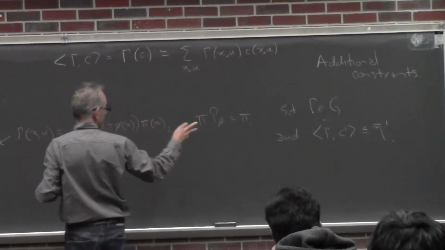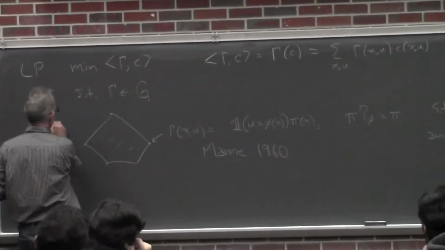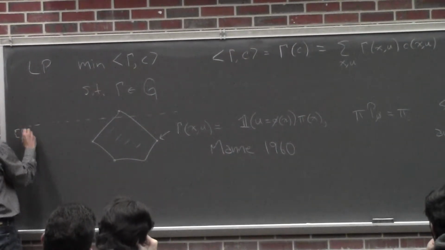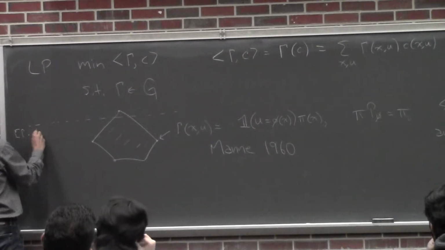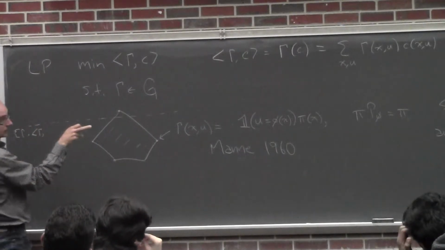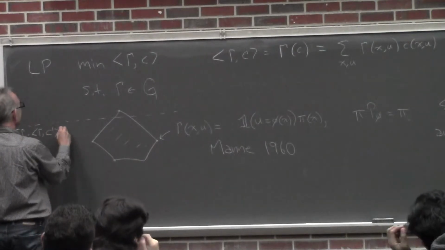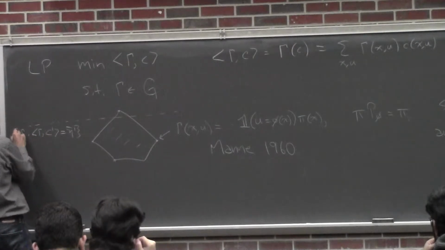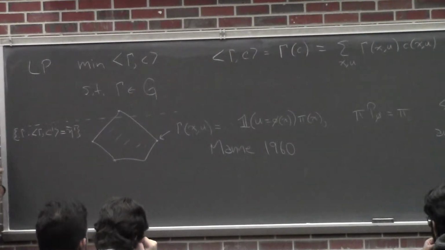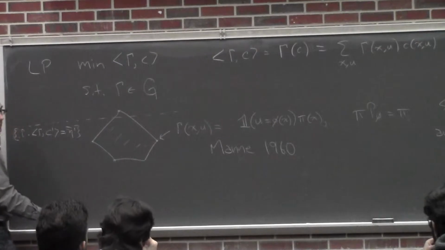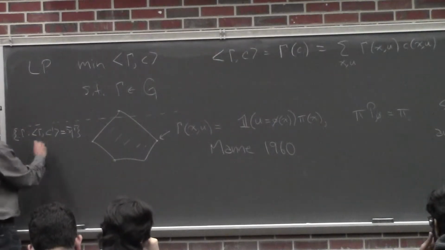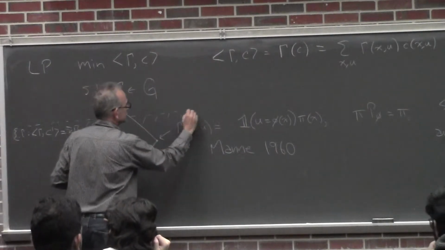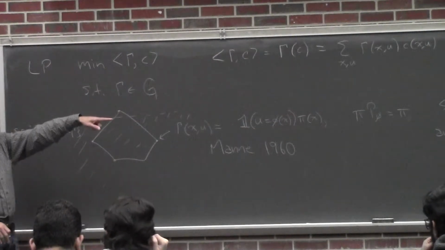So when you introduce another constraint like that, you're putting a dotted line there. That's the set of all gamma such that gamma dot C1 is equal to eta bar 1. And then you have a half space beneath that, on one side or the other. Let's just pretend it's this direction. So this half space is that additional constraint.